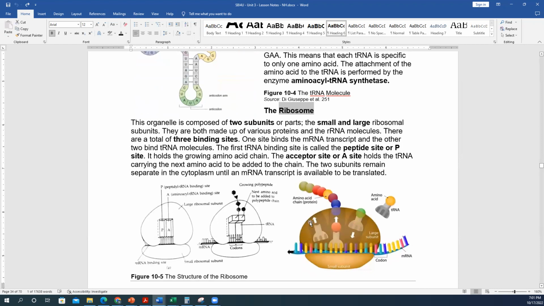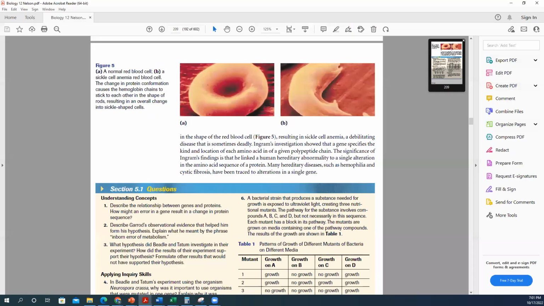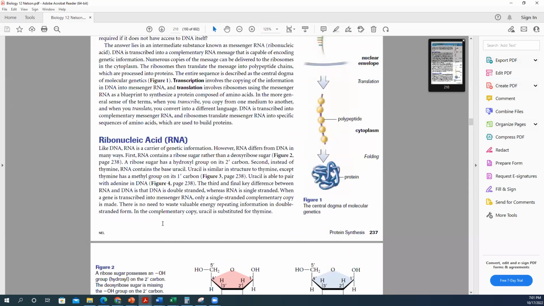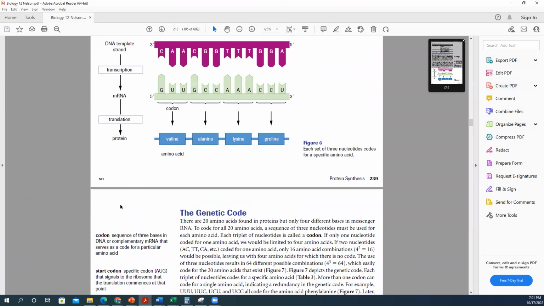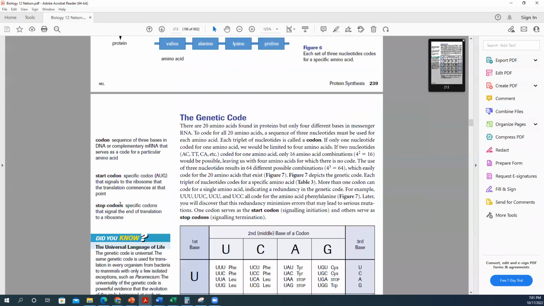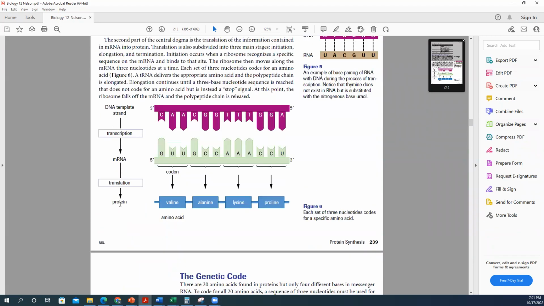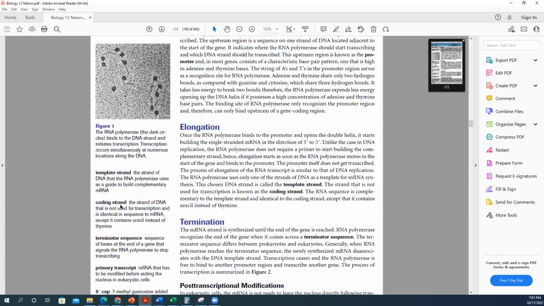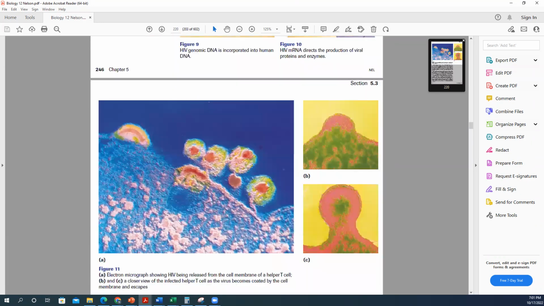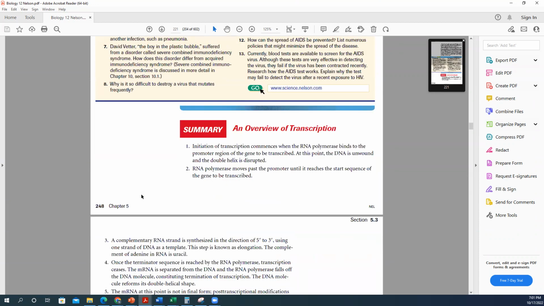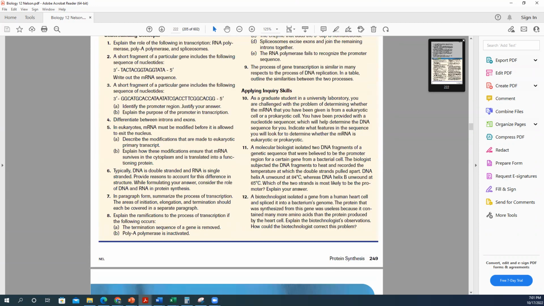So the ribosome is actually an organelle. It's made up of 2 units, and let me see if there is a better picture in your textbook. Let's scroll down. I'm looking for a picture of the ribosome with its, let me see, where is it?